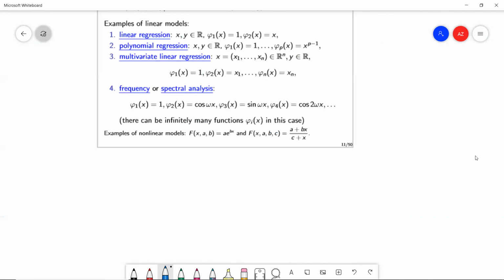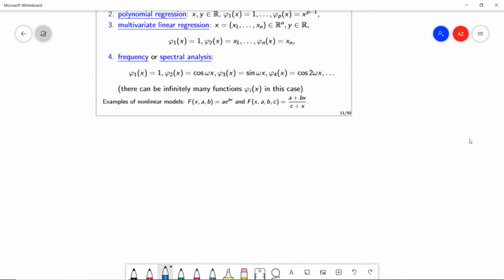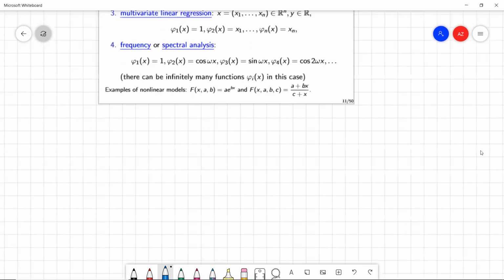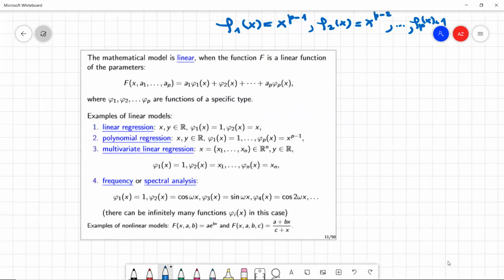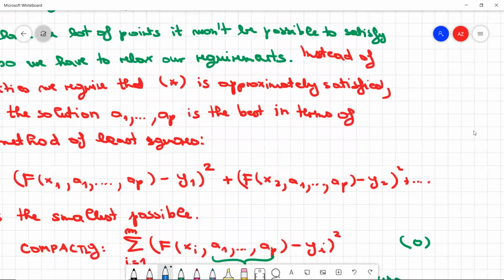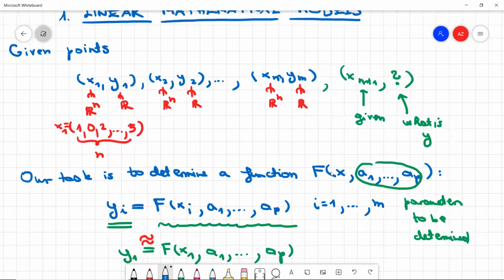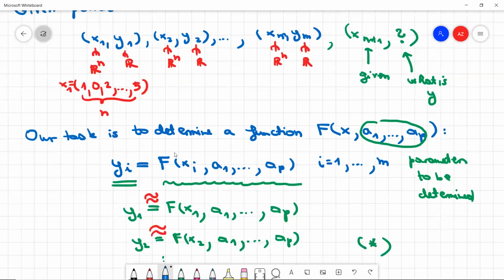Okay, now we have our data, x1, y1 up to xm, ym. We've chosen our linear model f. And so we have our equations. Let's return. So we have our data, x's and y's. We have f.